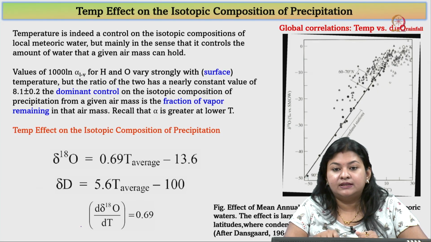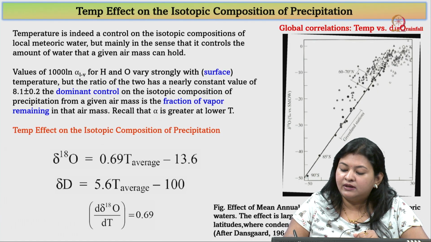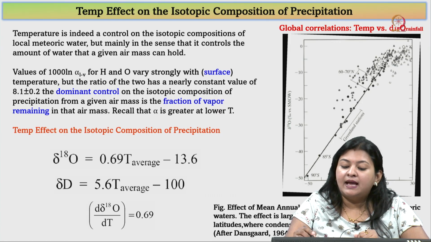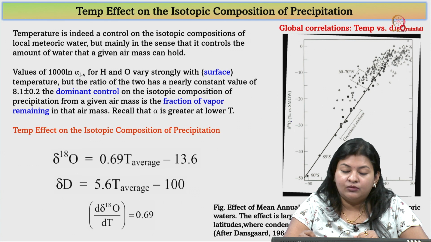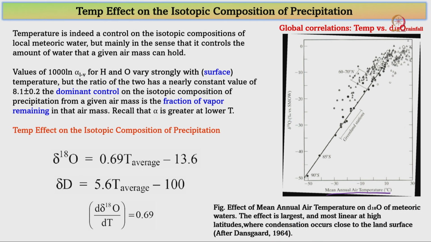Here in this plot, on the x axis there is the mean annual air temperature, the annual average, and this is the delta 18O of precipitation, of rainfall, that has been measured with respect to V-SMOW. You see that the variation is very large. This is in the polar regions and this is near the tropics.